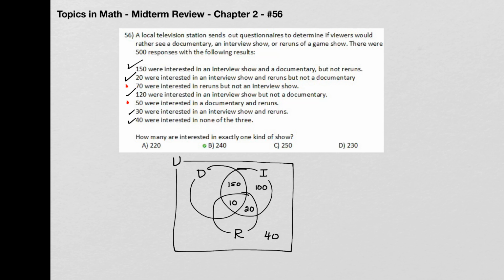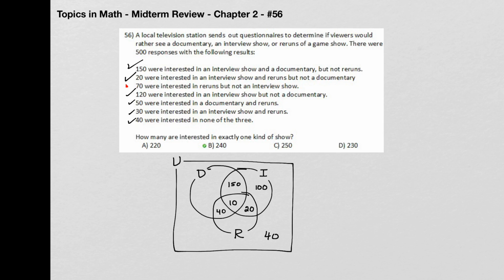So 2 more pieces of information to look at. I have documentary and reruns, that's 50. Documentary and reruns, that's a football shape, and we already have 10, so that means another 40 going here. Okay, and so we've got that.